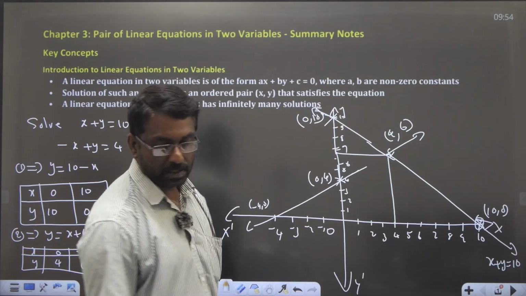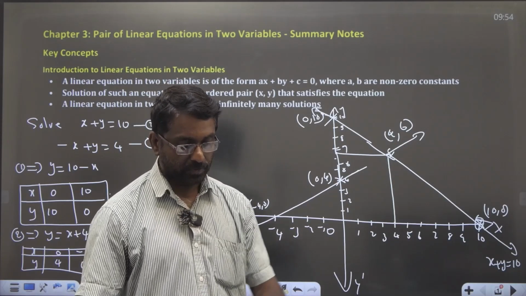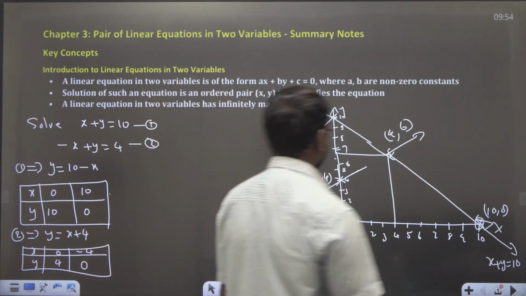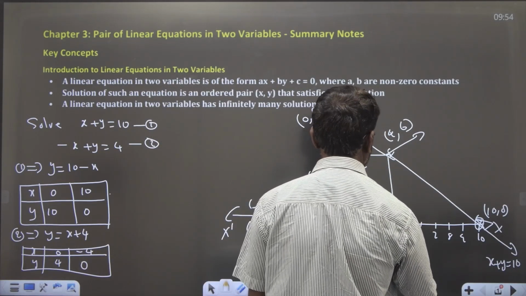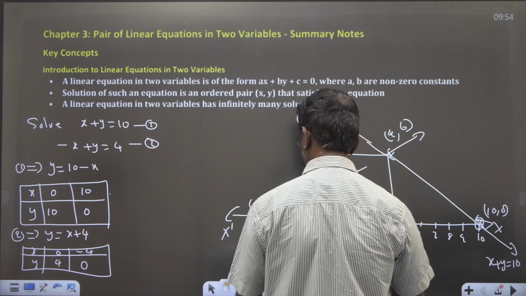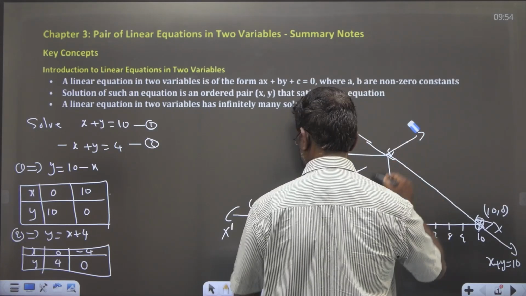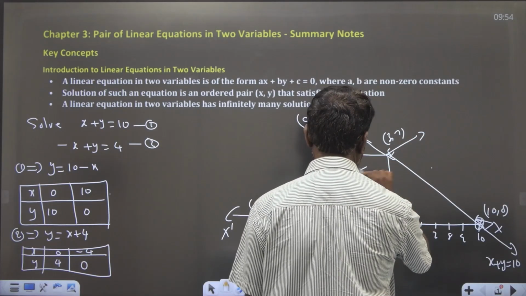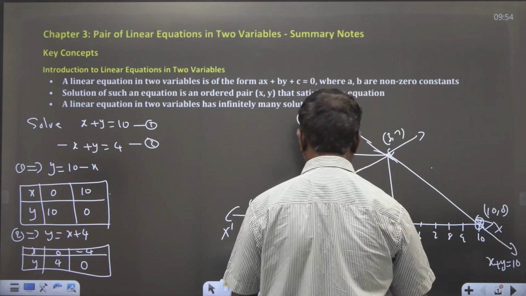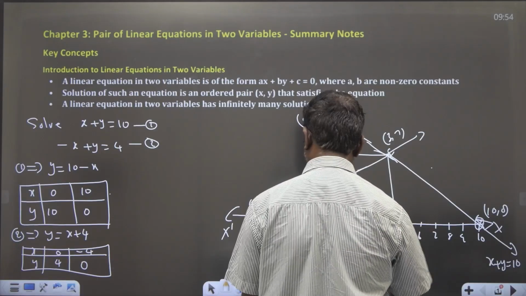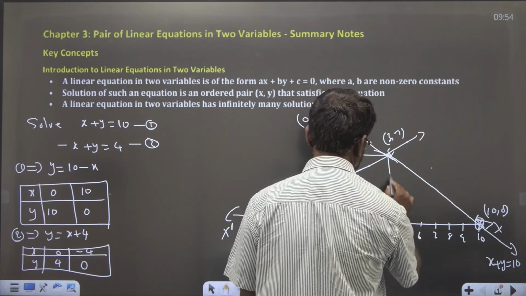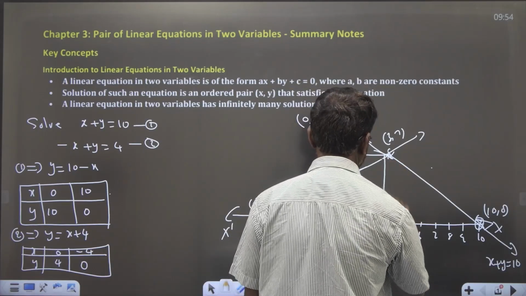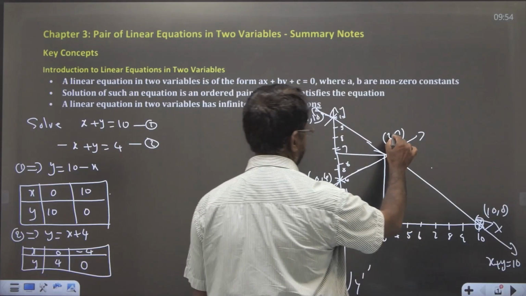This is the graphical method. Actually, the correct answer is not 4, 6; 3, 7 is the correct answer. If you use a graph paper, you will get the correct answer. 3 and 7 is the correct answer.